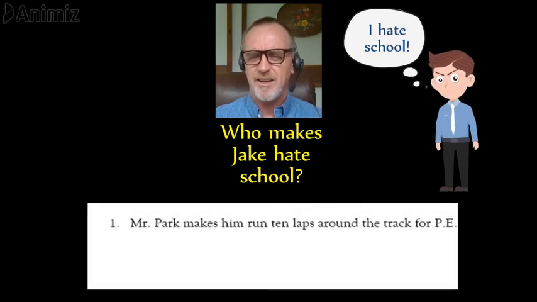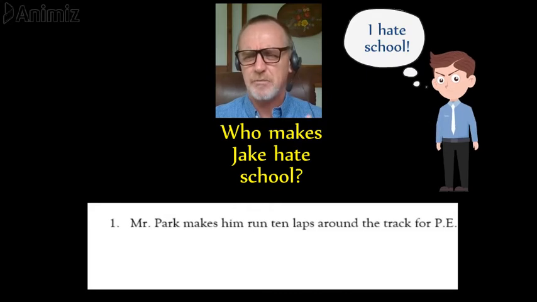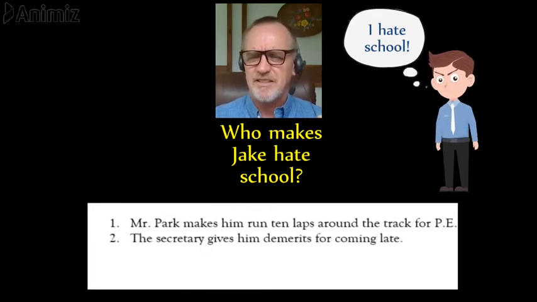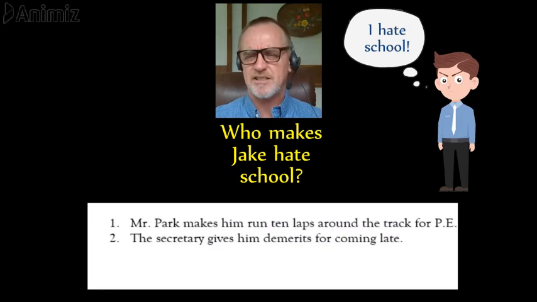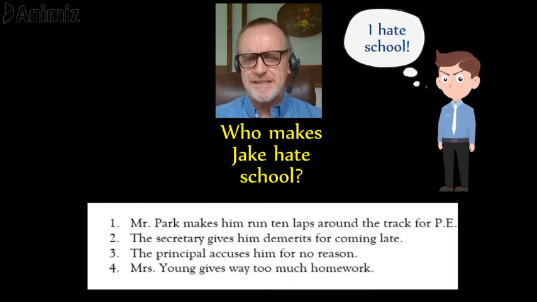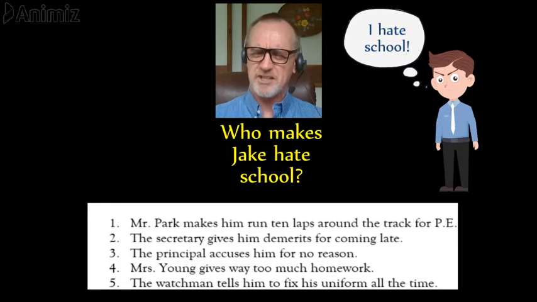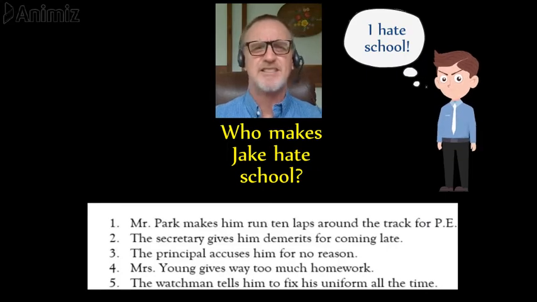Mr. Park makes him run 10 laps around the track for PE. The secretary gives him demerits for coming late. The principal accuses him for no reason. Mrs. Young gives way too much homework. The watchman tells him to fix his uniform all the time.